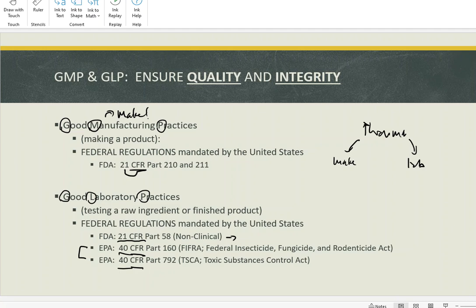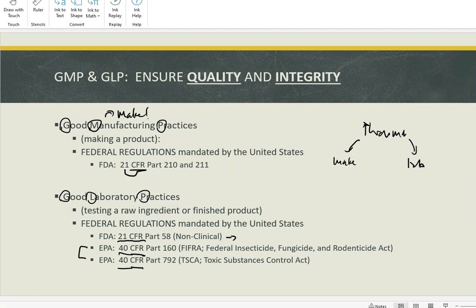So I want you to think of 40 CFR Part 160 as this idea that people spray pesticides and herbicides and stuff all over crops and all over food products, and we end up eating that, right? So Part 160 will go into that concept of us putting chemicals on food products, and those chemicals are going to be there, and the food is grown with those chemicals, and we need to test those.